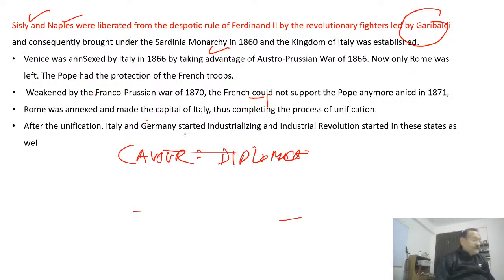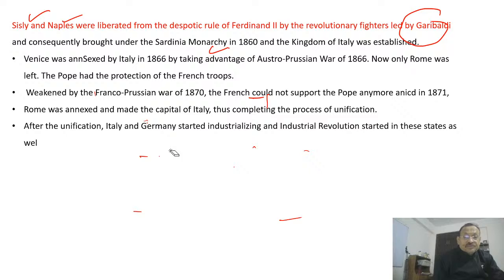In Cavour diplomacy, we can talk about that the outbreak of the Crimean War gave an opportunity for Cavour to internationalize the issue of the unification of Italy. Hoping that Britain and France would win the war against Russia, he threw his lot in over there. He sought out support for the patriots across Italy. इटली के सपोर्ट के लिए उसने एक सपोर्ट सिस्टम को डेवलप किया. He sought out support over there.